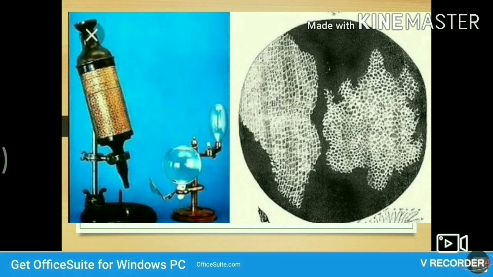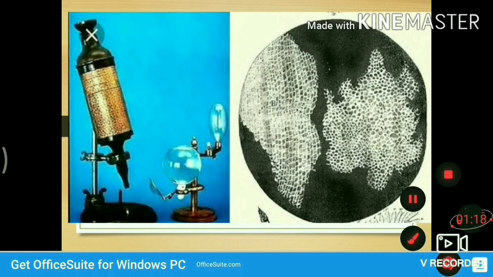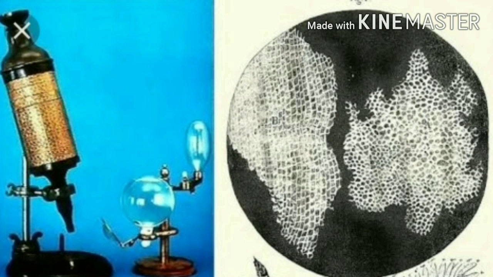So by using his self-made microscope, he observed tiny hollow compartments in a thin cork and named them cells. Now we will study how the cell looks.